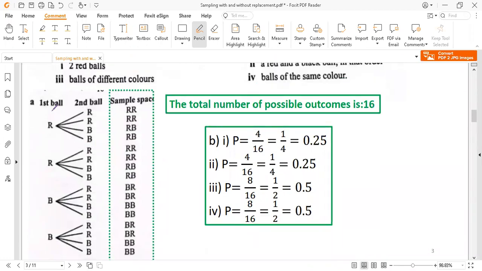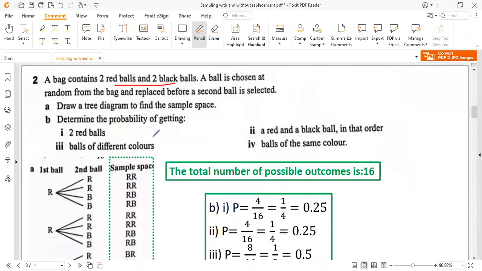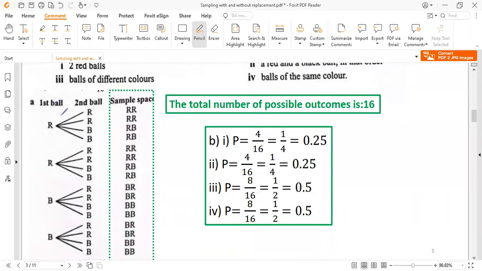For example, here we have a bag with 2 red and 2 black balls. If the first ball is red, we replace it in the bag. When we replace it, we again have the same number of balls and the same colors: 2 reds and 2 blacks again.